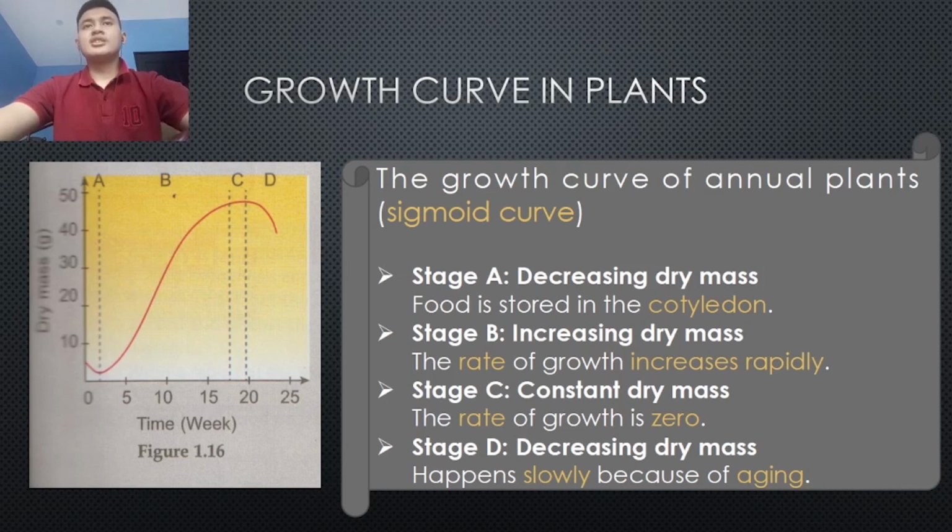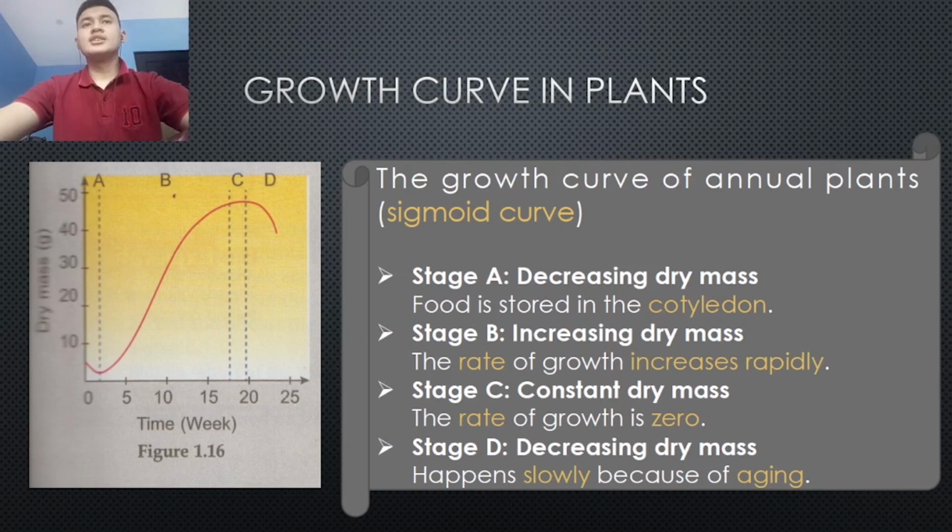In this stage, the food is stored in the cotyledon. The food is used for germination before the leaves emerge to carry out photosynthesis. Stage B is the increasing of dry mass, because the rate of growth increases rapidly. The rate of growth increases rapidly because the plant has carried out photosynthesis.